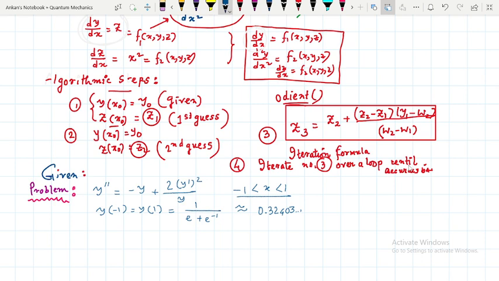So if we show it by a graphical method, this is x equal to -1, this is x equal to 1. Here the value of y is approximately 0.32. Here also the value of y is 0.32.